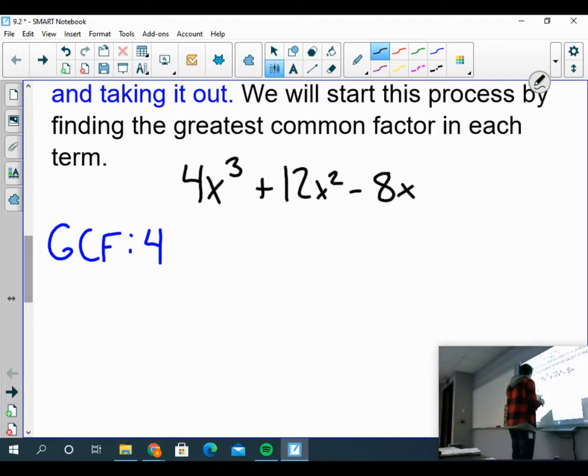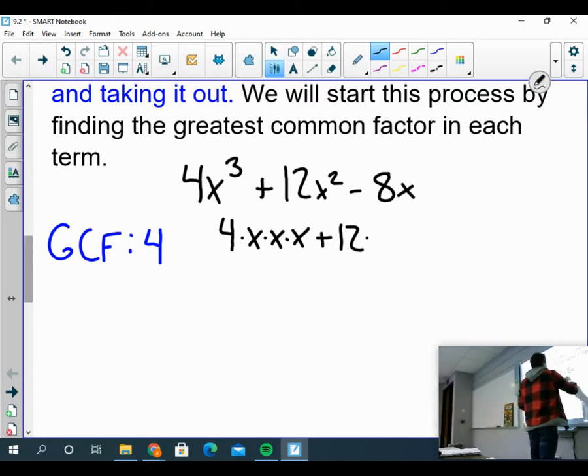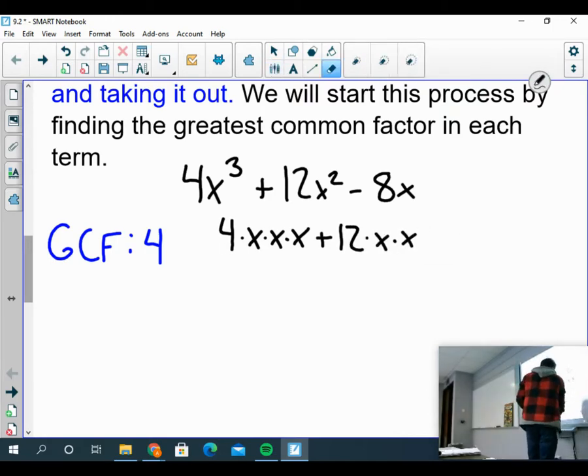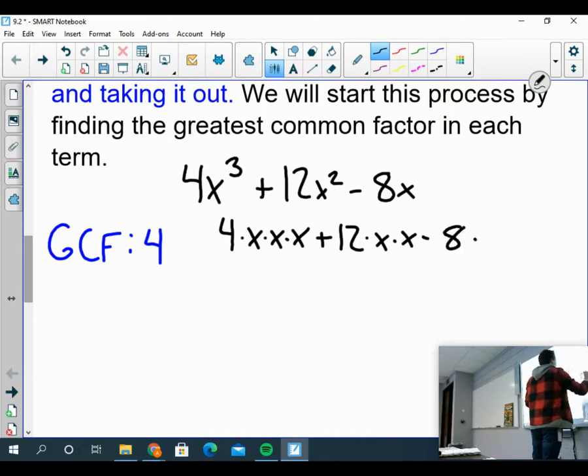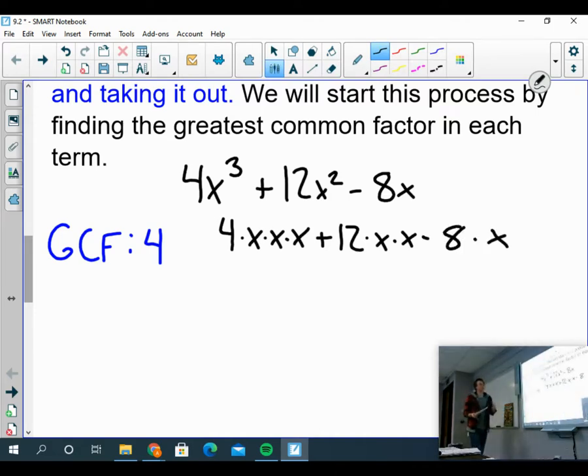So if I go ahead and write out what's in black, I have 4 times x times x times x plus 12 times x times x minus 8 times x. And so what we can do here is, when we write out our exponent, it becomes very easy to identify what the greatest common factor is.